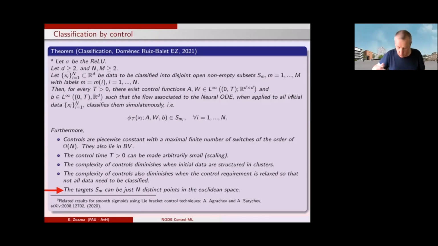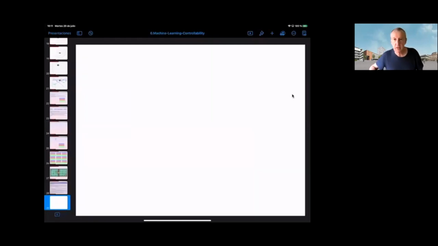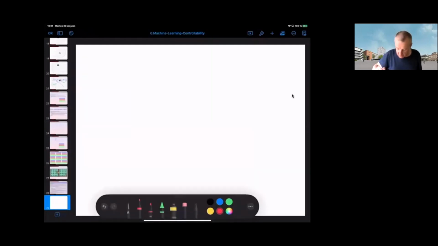Otherwise, you will always be hesitating, like in the linear case. Otherwise, you will be in the same dilemma. What is the dilemma?